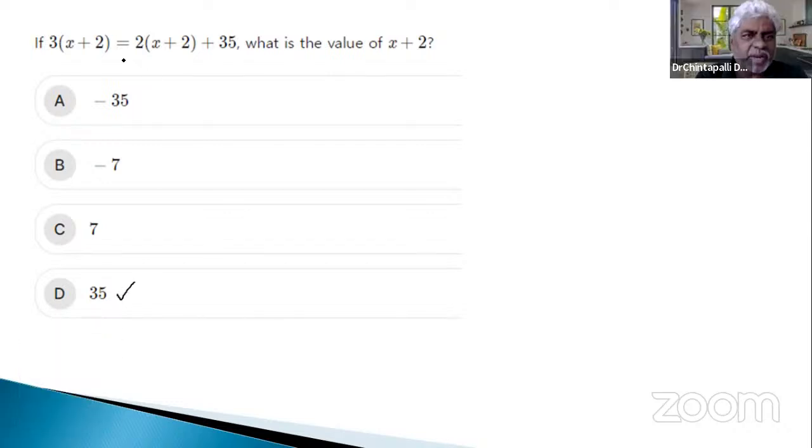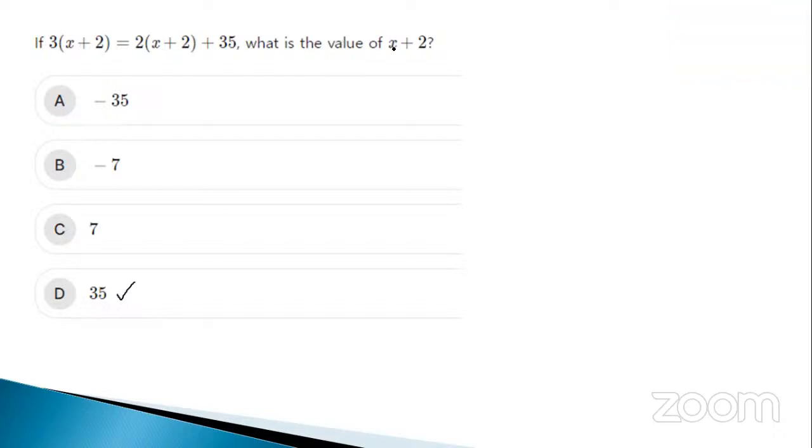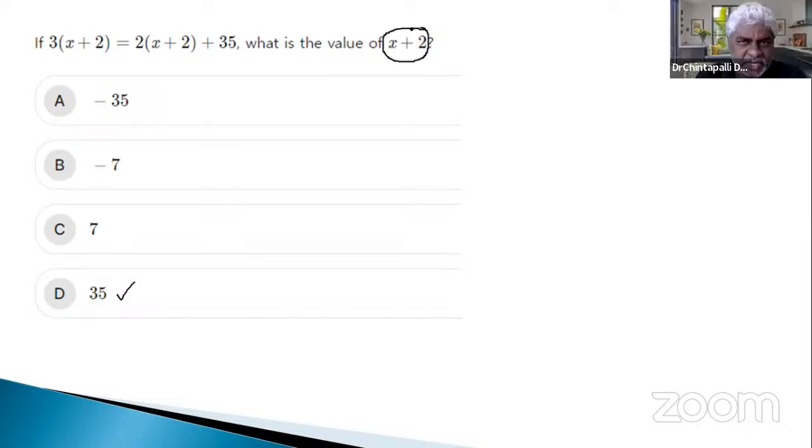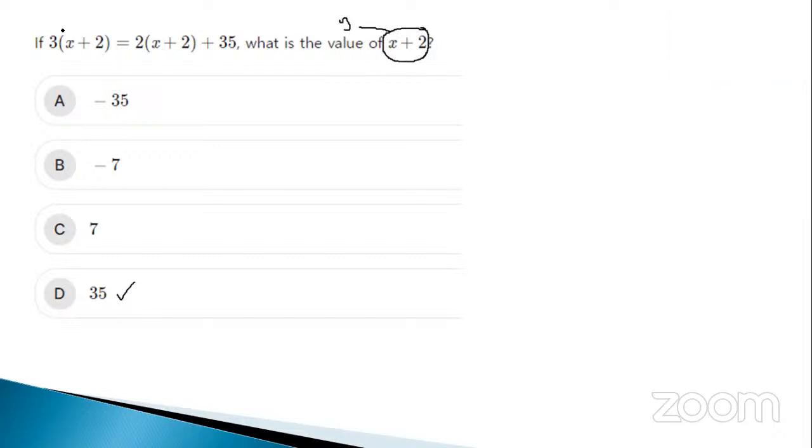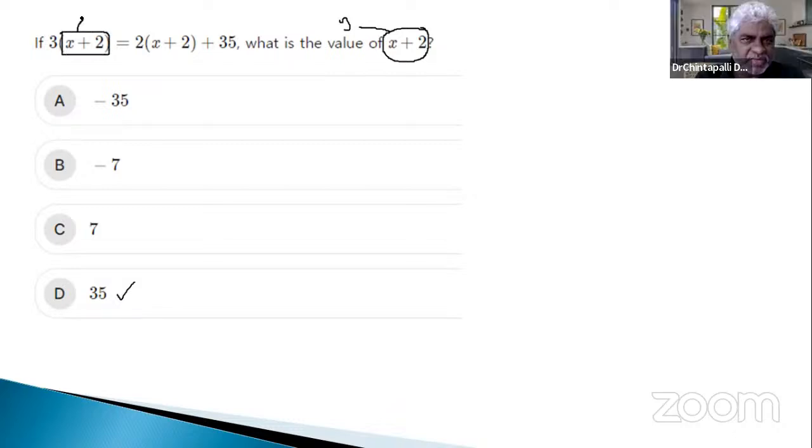I think you just multiplied 3x plus 6 like that. Yes, sir. What is asked here? X plus 2 is asked. So let x plus 2 be y. Instead of multiplying, just y.